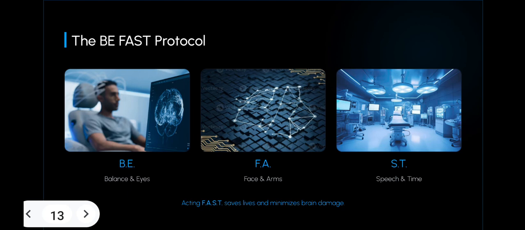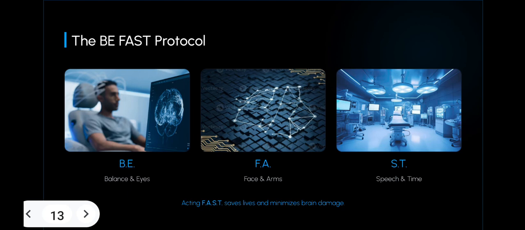The next, face and arm. Then the next organs that are going to be injured after you get a stroke are your face and arm. So, after working on your balance and eyes, you need to work on your face and arms. Next, speech and time.